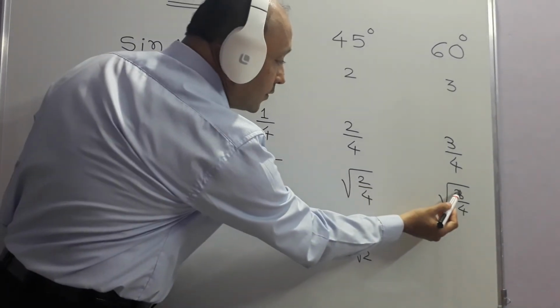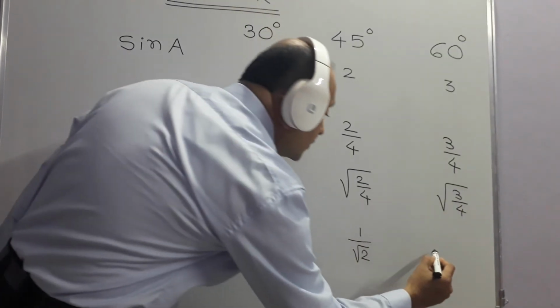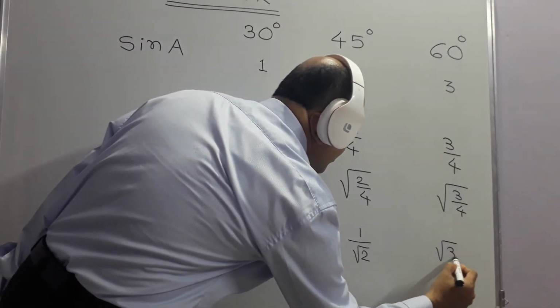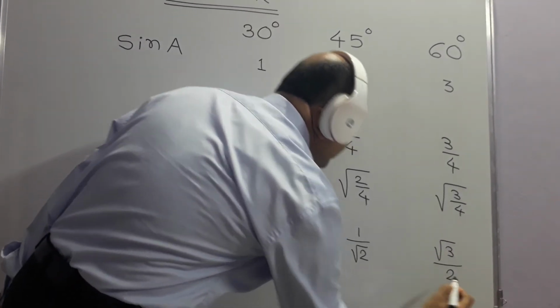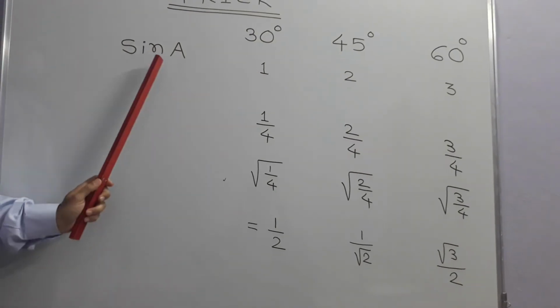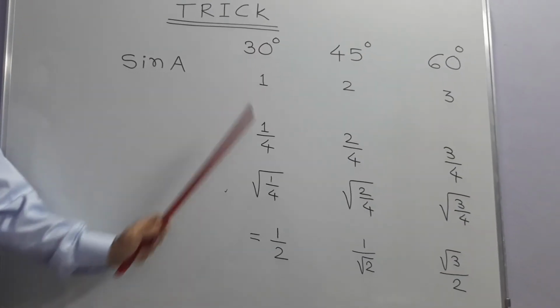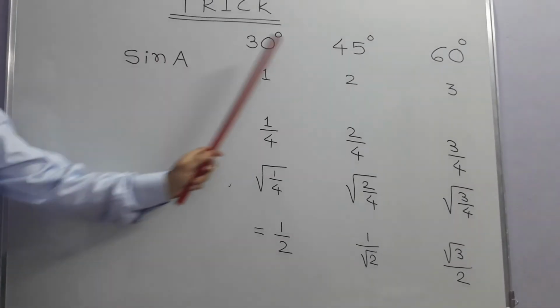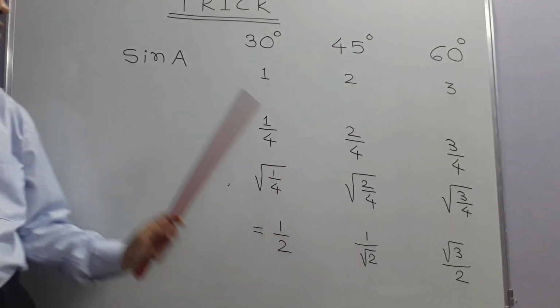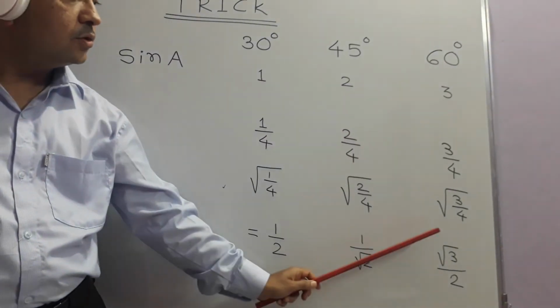Then 3 doesn't have a square root, 4 has a square root, so the answer is root 3 upon 2. So in the table you have seen this: sine 30 is equal to 1 upon 2, sine 45 is 1 upon root 2, sine 60 is root 3 by 2.